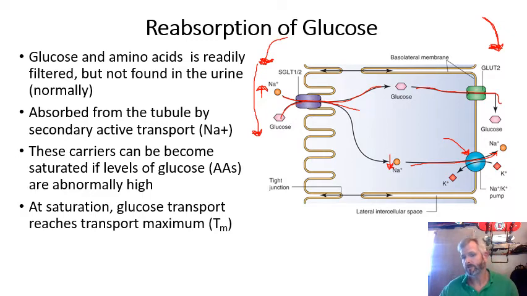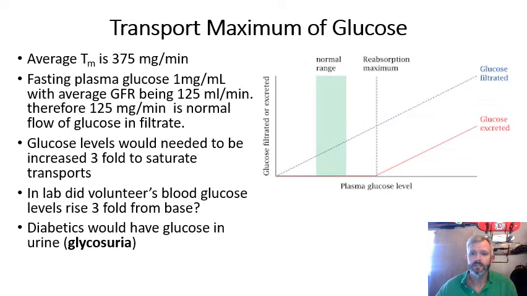So typically we don't see glucose in the urine, but say if somebody had very uncontrolled diabetes where glucose levels are extremely high, you may find glucose in the urine. And that's showing here: glucose filtered, treated as normal range.